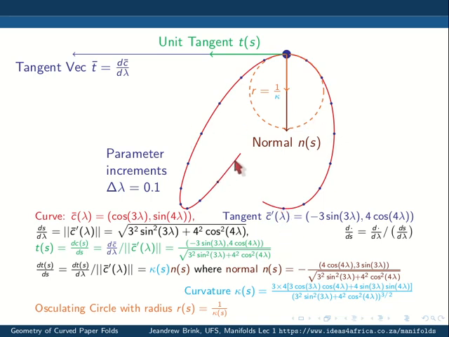You don't need any more information. You might get the orientation wrong, you might rotate it, but the actual shape of the curve is entirely determined by the curvature. If somebody gives you the curvature as a function of arc length, you can reproduce the curve.